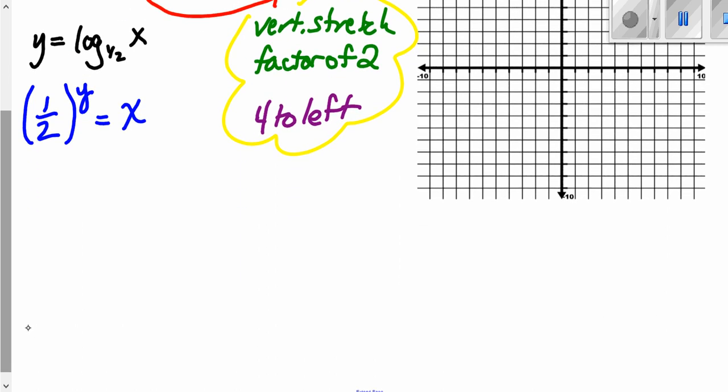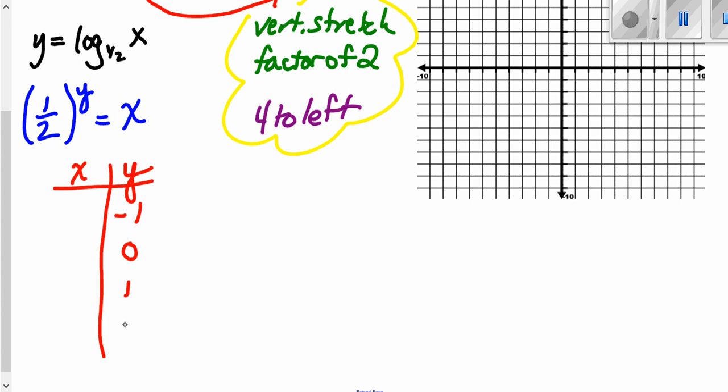Typically, when we're in algebra class, back in the day, algebra 1, we would always make an XY chart and we'd fill in values for x. Here, it's going to be easier for us to fill in values for y. And we actually did part of this question in the warm-up a little bit. Okay, something kind of like it. So I'm going to put in some positive and some negative numbers, and we're going to see how that goes.